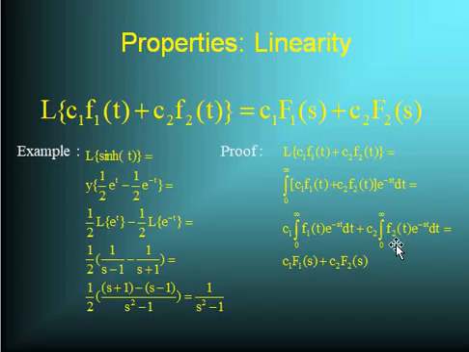The proof of the linear property is given with the example of sinh t. Sinh t is considered to be e power t minus e power minus t over 2. Applying the Laplace transform, we get the result for sinh t as 1 over s square minus 1.